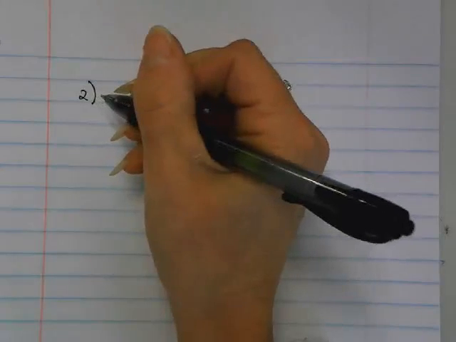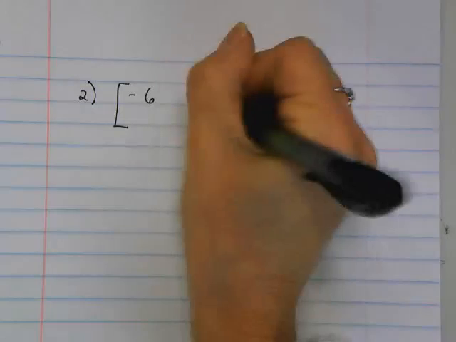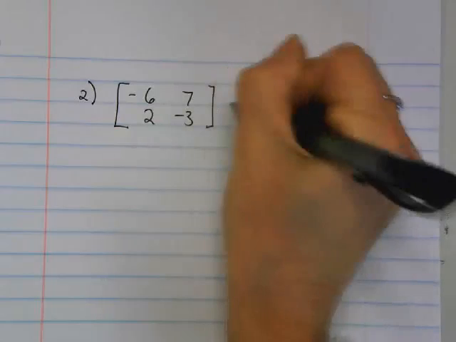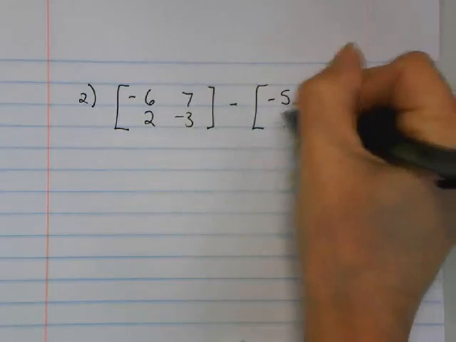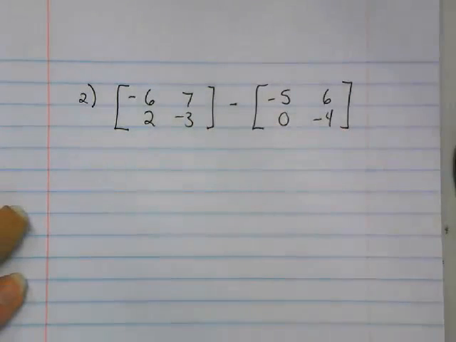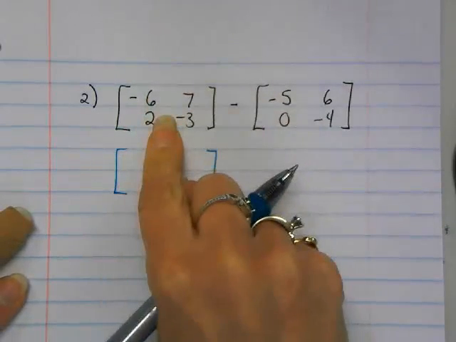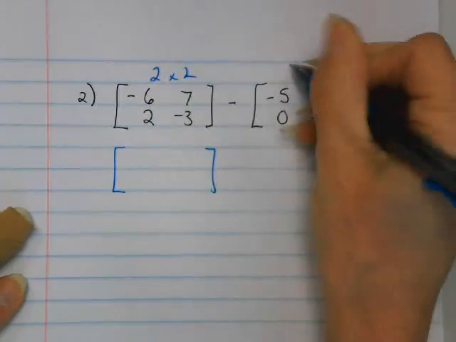Let's try a second operation. Let's say I want you to do -6, 7, 2, -3, and this time I want you to subtract -5, 6, 0, and -4. I'm going to walk you through. What is the order of this one? It's a 2 by 2. This is also a 2 by 2.